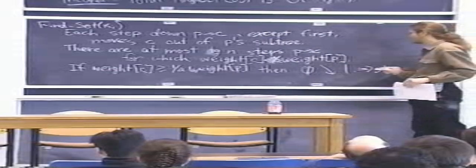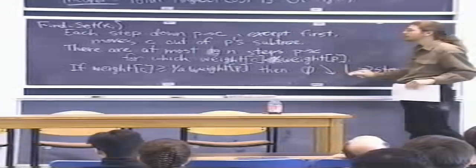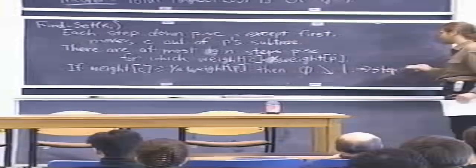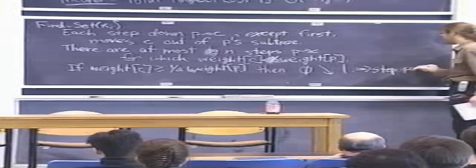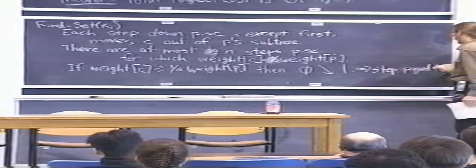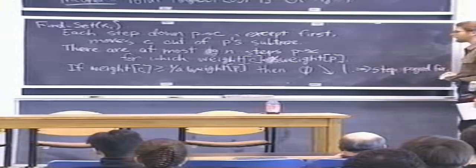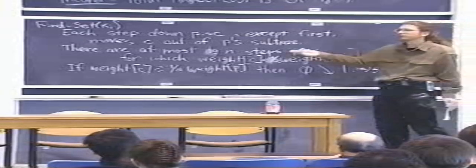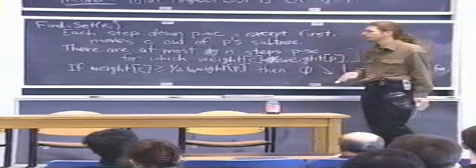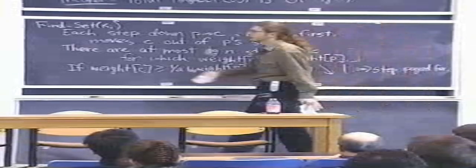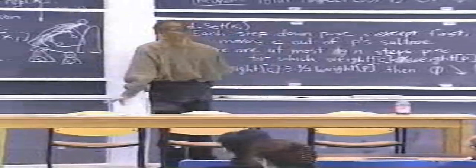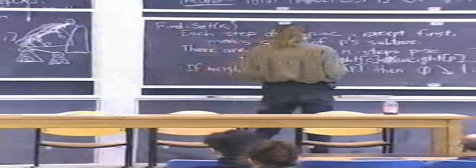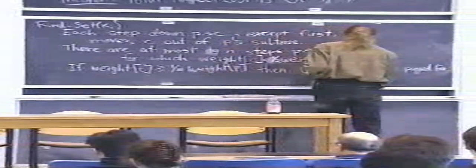So if my potential function goes down by 1, then I can use that potential for paying for this step. Great. These steps I don't really have to pay for because there's only log n of them. Okay, so that means that, and the unions only take log n. So the total then is log n. All right, that's all right for the proof.